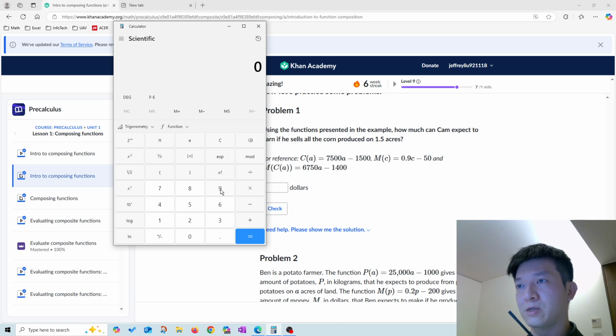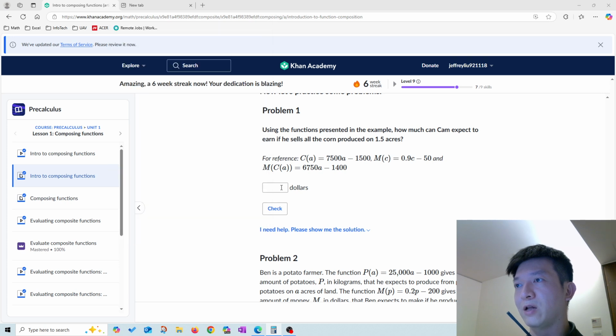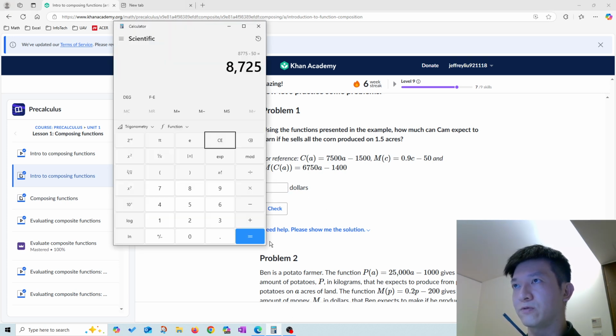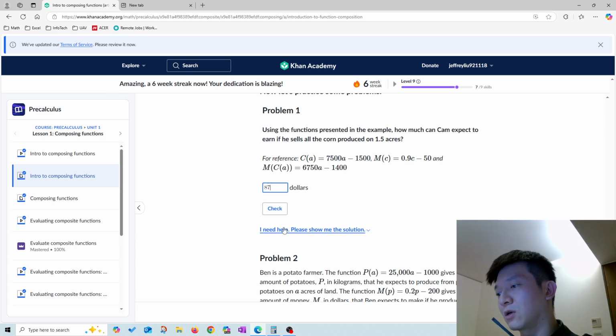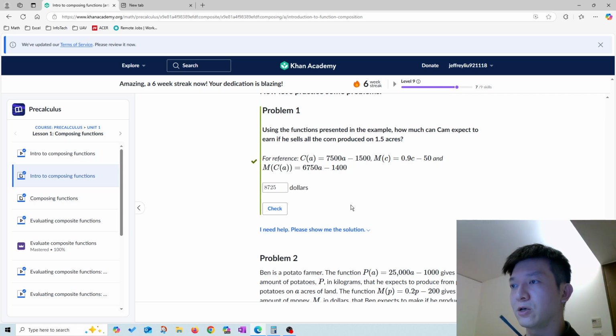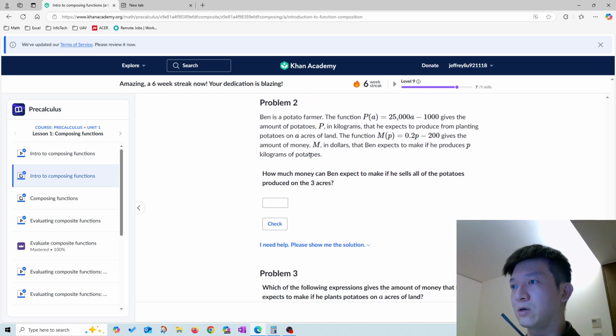So 9,750, which was our answer, times 0.9 equals that number, and minus 50, right? So our total value that we can transfer to is $8,725. Check. Okay, good.